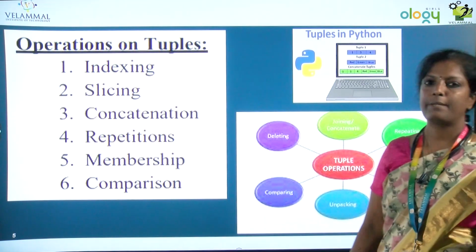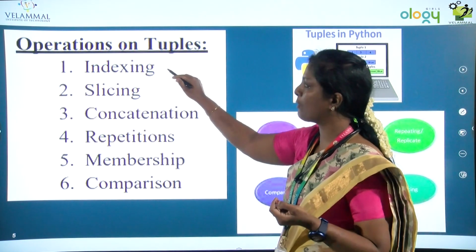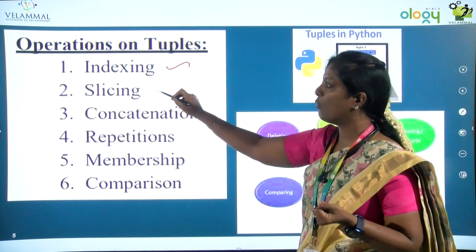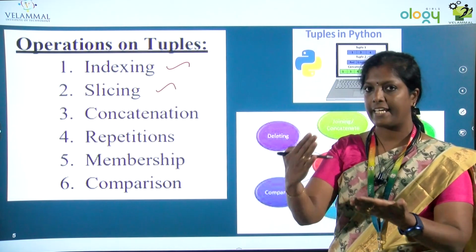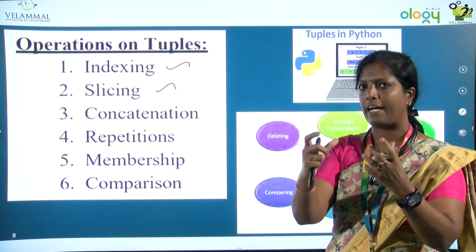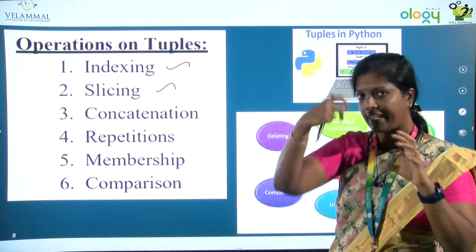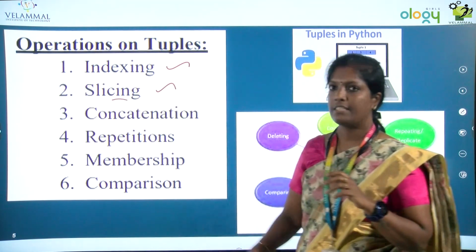So what are the different types of operations? First is indexing. We are talking about indexing 0, 1, 2, 3, 4 values, right? What is slicing? Slicing is cutting and taking, like how you take a mango and slice it into pieces. So how can you cut it into pieces and take out the data? That comes under slicing.